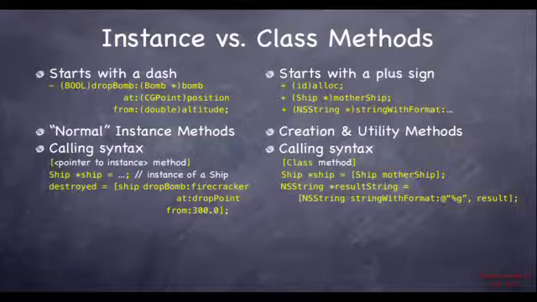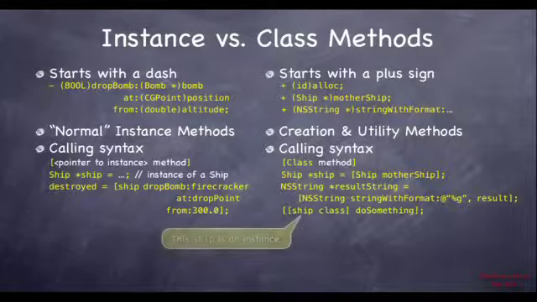So it's an instance, but it's not creating a new mothership every time. It's just shared. And then I also have something from our walkthrough, result string equals NSString string with format. So I'm sending string with format to the NSString class, not to an instance of an NSString, and that's actually creating an NSString instance for me. So that's one way to specify the class in class methods.